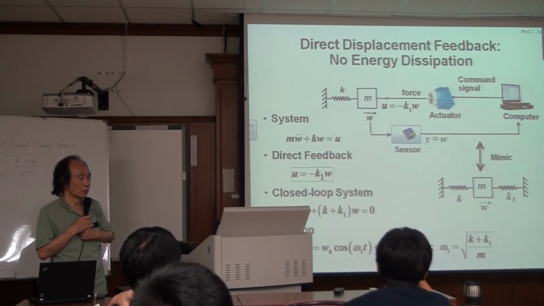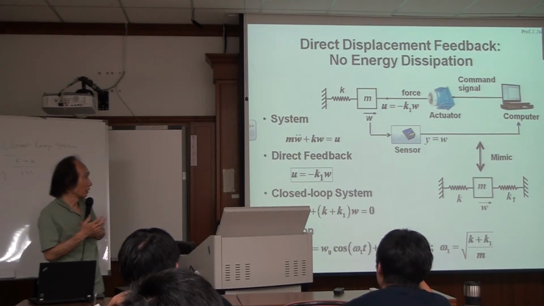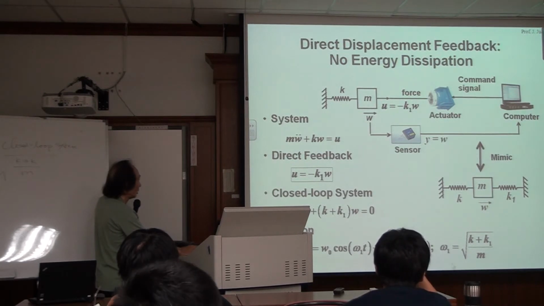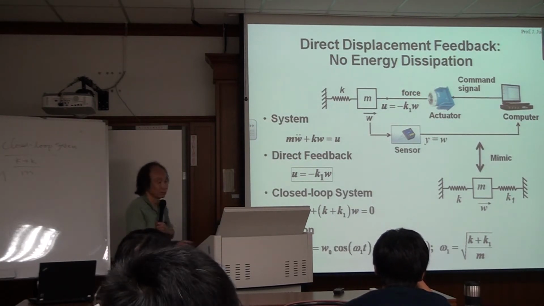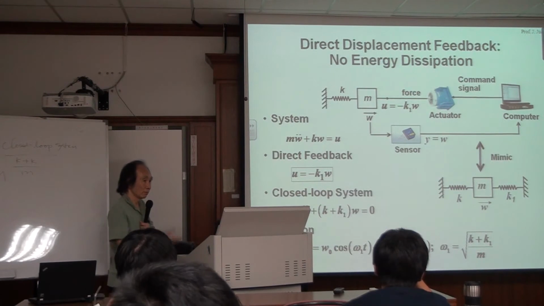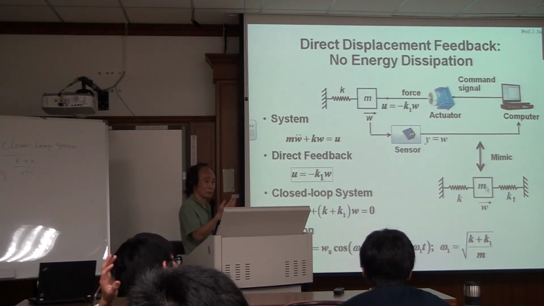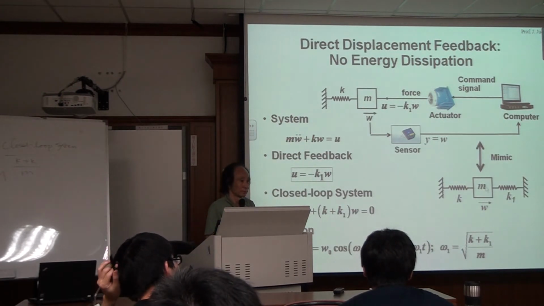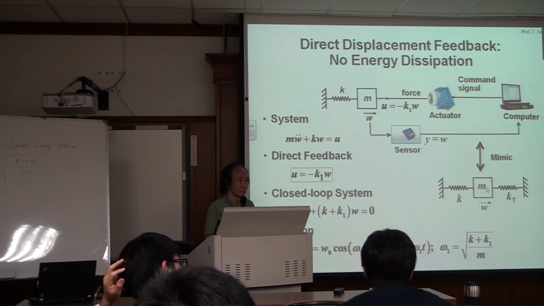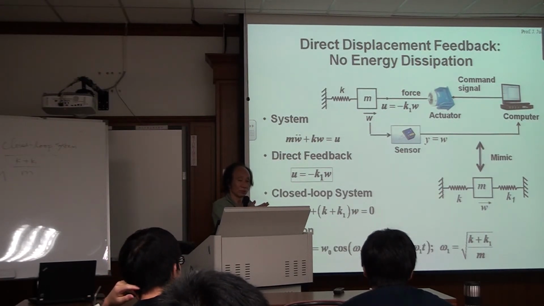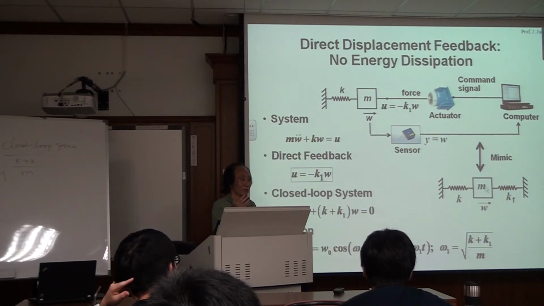Okay, so if you want to change frequencies, do you want to use this TMD, or do you prefer to use feedback? Let me know. It depends on your objective. If I want to change frequencies from time to time, then use the feedback.